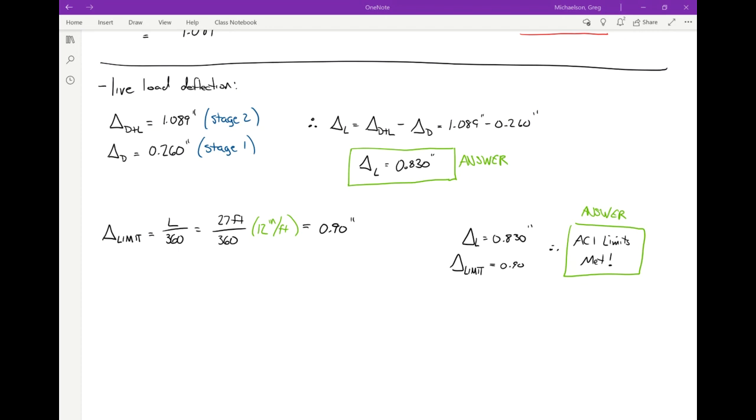We could also possibly increase the concrete properties to create a higher E value. But usually the moment of inertia is what we would try and change in a scenario like this. Excuse me. Any questions in chat? Anything I can do to answer anything? I'll give you all a minute.